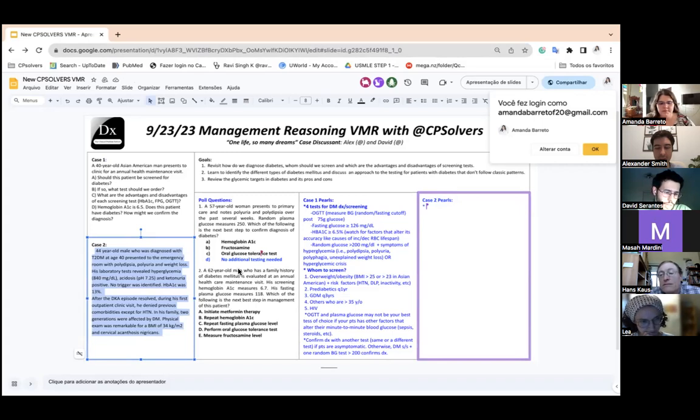A1C was 13%, and after the DKA episode resolved, during his first outpatient clinic visit, he denied previous comorbidities except for hypertension. In his family, 2 generations were affected by diabetes mellitus, and the exam was just remarkable for a BMI of 34 and cervical acanthosis nigricans.